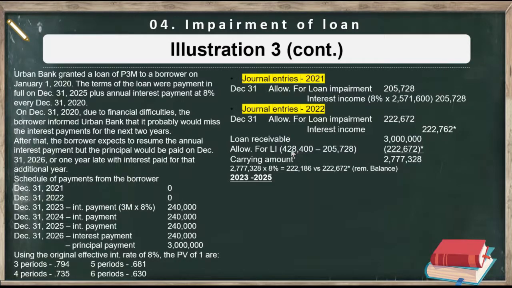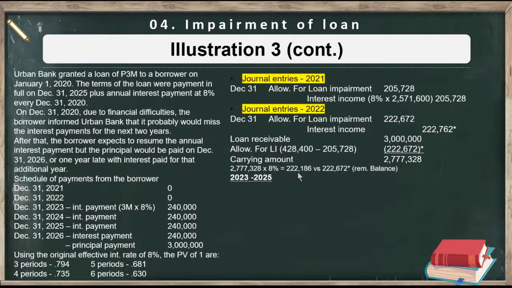Okay, so you have 428,400 and 205,728. Okay, so that will be 222,672. If we want to check how much would most likely be the amount, if we multiply it by 8%, so we can also use 2,707,328, multiply it by 8%.